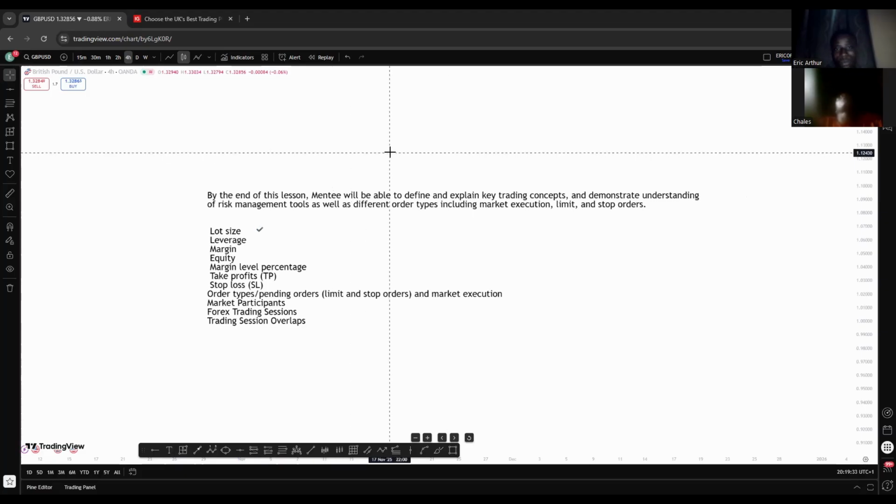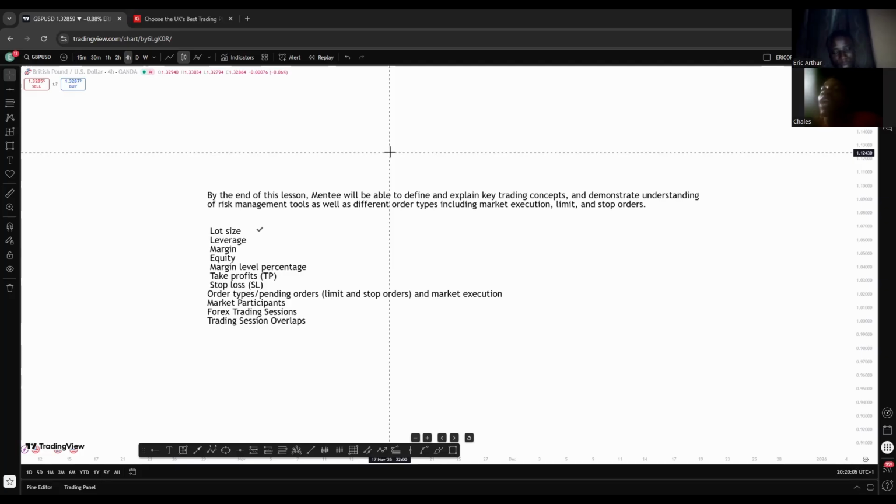So in terms of trading, when we talk about lot size, it's the percentage you are risking on your account. Like if you choose 0.01 as your lot size, it means that you are losing 1% of your trading account.